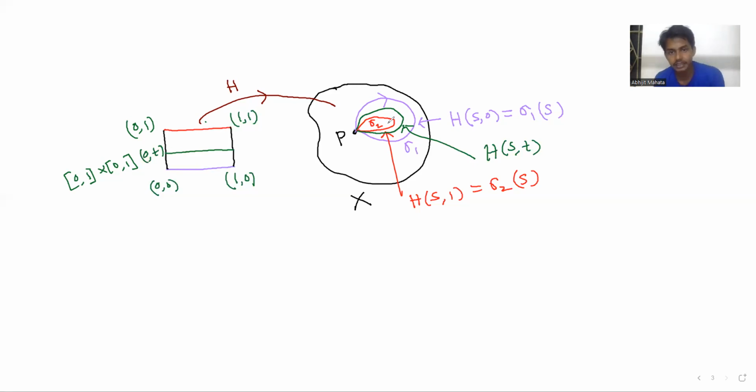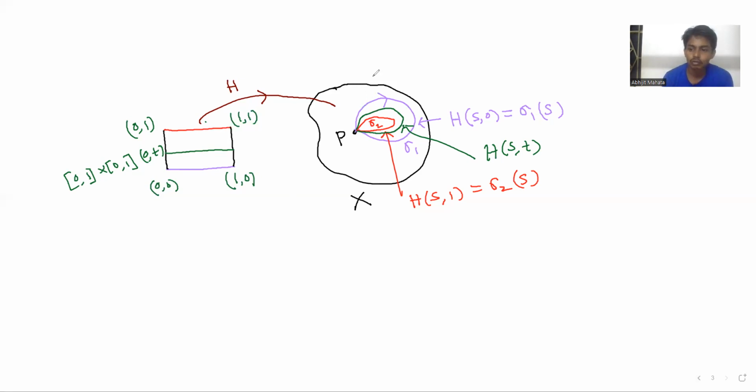One thing is clear: if a hole appears between sigma 1 and sigma 2, then we cannot find a homotopy from sigma 1 to sigma 2. Basically, the fundamental group tries to find the holes in the topological space. If a hole appears, then you will not get the trivial fundamental group. That we will write properly later. Yeah, so this is clear.